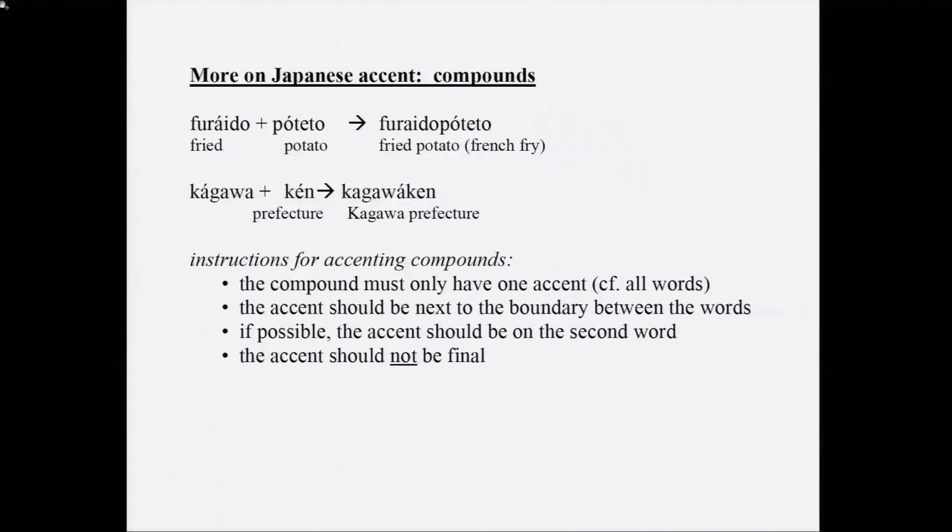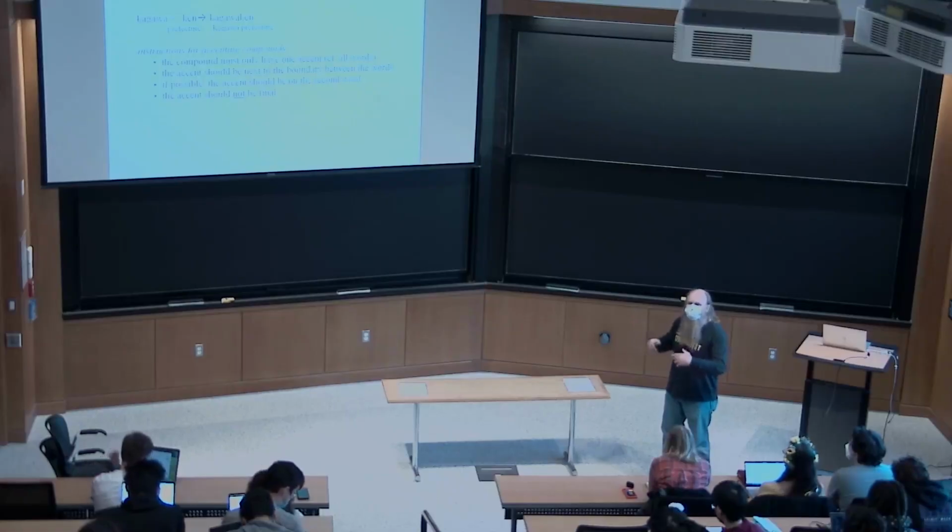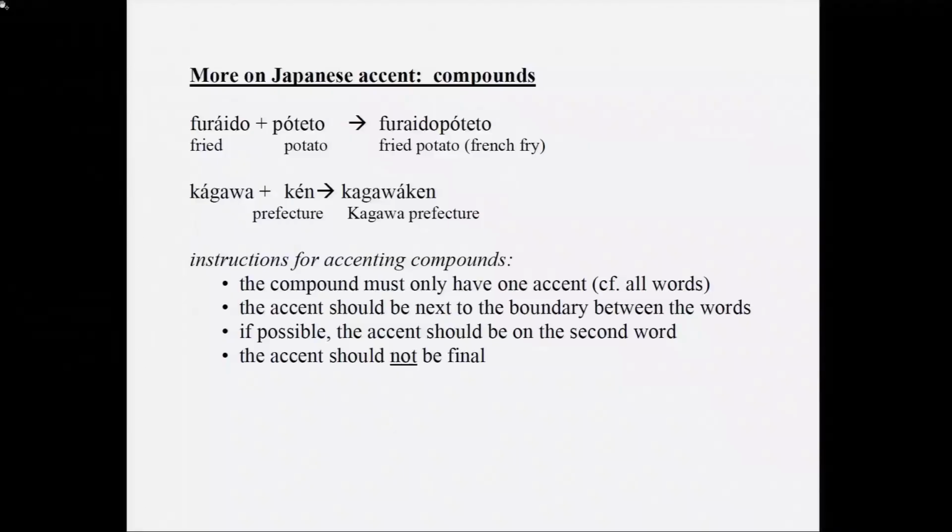But it also wants it not to be final. And if it can't have all of those things at once, like in Kagawa Prefecture, it has to decide, do I care more about it not being final, or do I care more about it being on the second word? And Japanese cares more about it not being final, right? So it retracts it from the second word to the end of the first word. So this is this case.